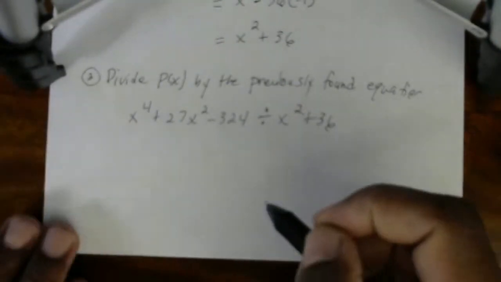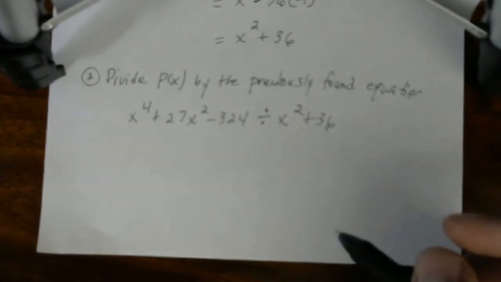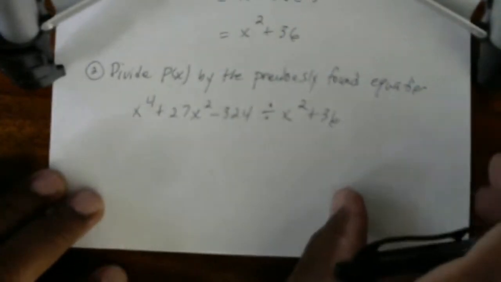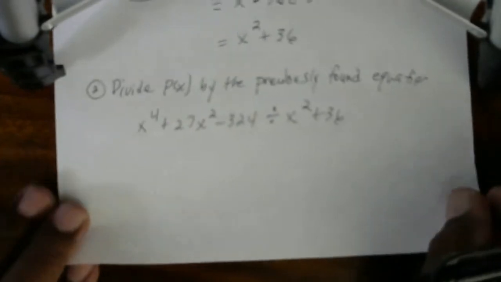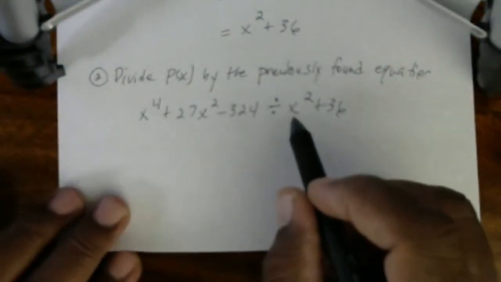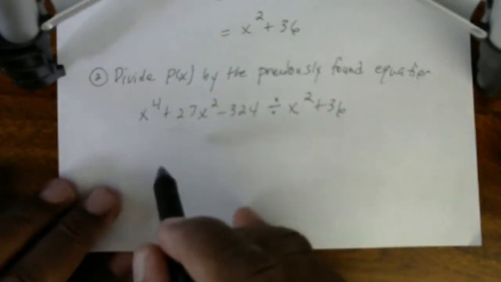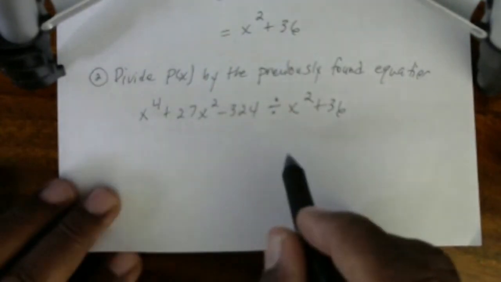And we're going to use long division. All right. So remember that when we write out our divisor and our dividend, it must be in descending order.